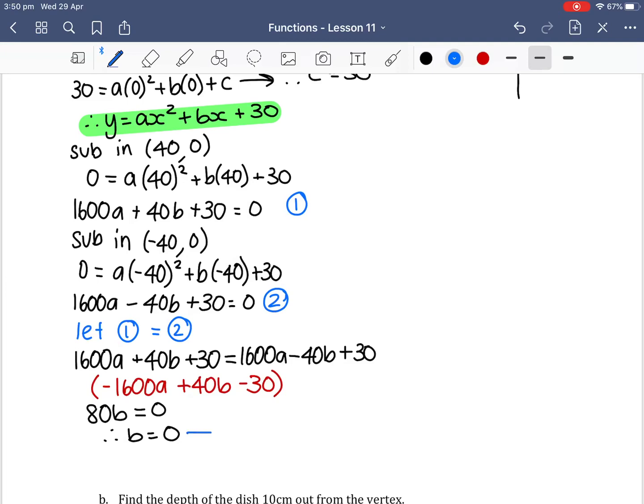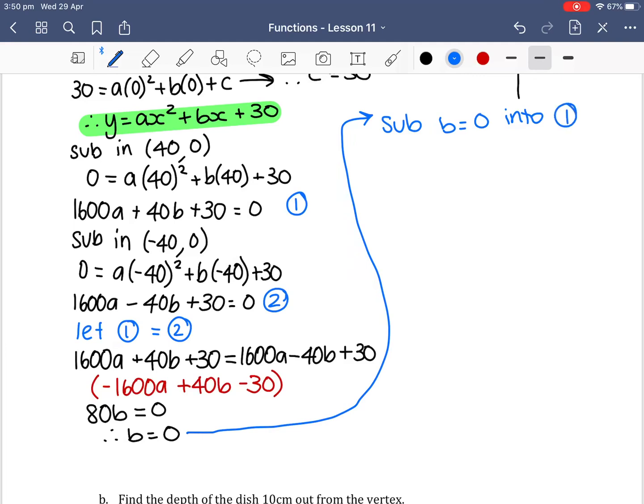So I'm just going to bring this up here. We're going to sub now our b equals 0 into equation 1. Either 1 or 2, doesn't really matter. So we have 1,600a plus 40 times 0 plus 30 equals 0. We're going to minus our 30 from both sides of our equation.